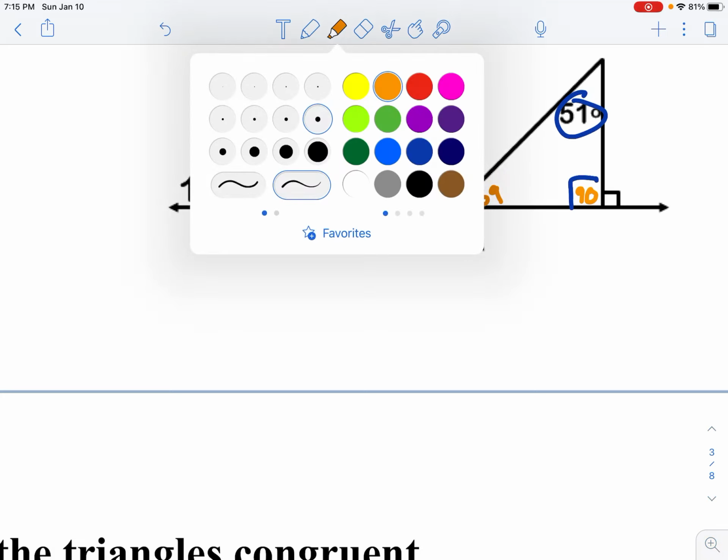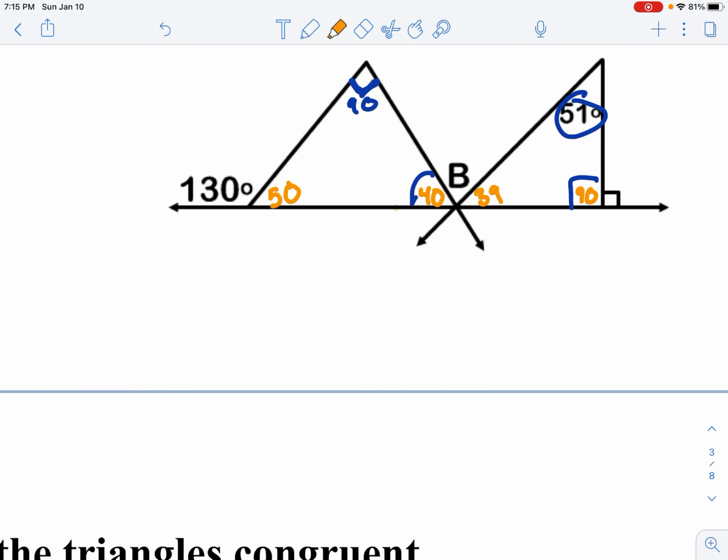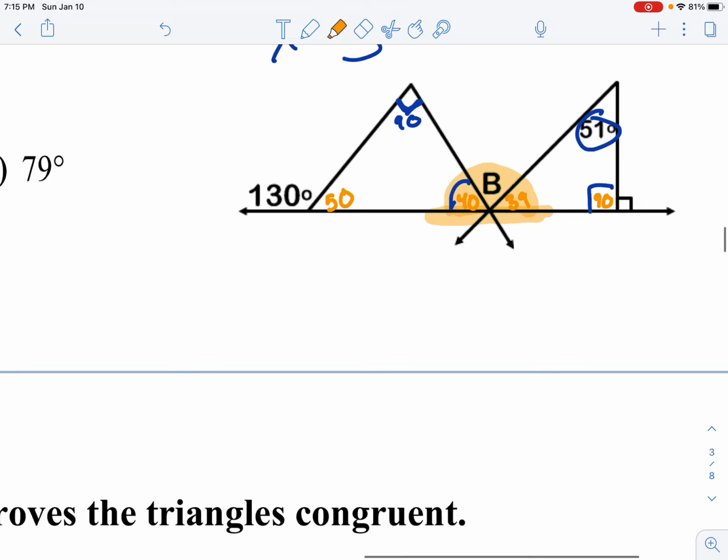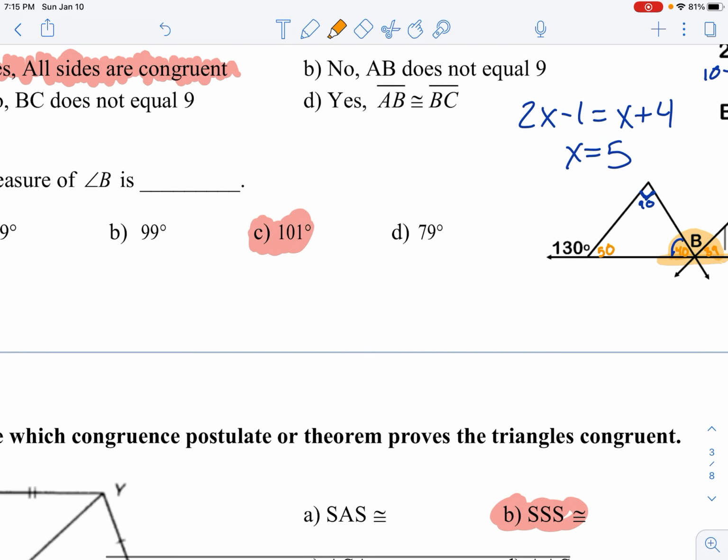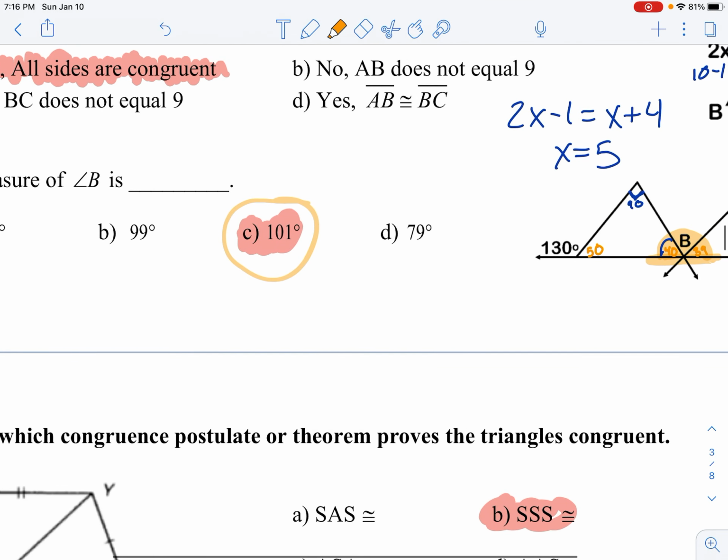Okay, this is a straight line. So basically all of this stuff has to add up to 180. So the 40, the 39, and then whatever B is, all have to add up to 180. That must be 101.